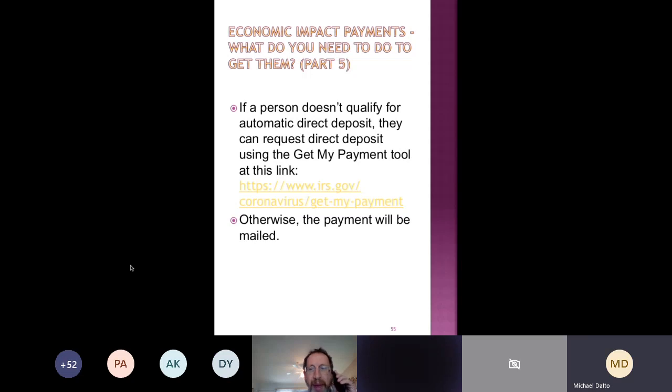The IRS will send it to the most recent address they have on file for the person. But that Get My Payment tool may be helpful if the IRS may not have a current address for the person, or if the person wants to try to get it directly deposited into their bank account and they don't meet one of the conditions on the previous slide.